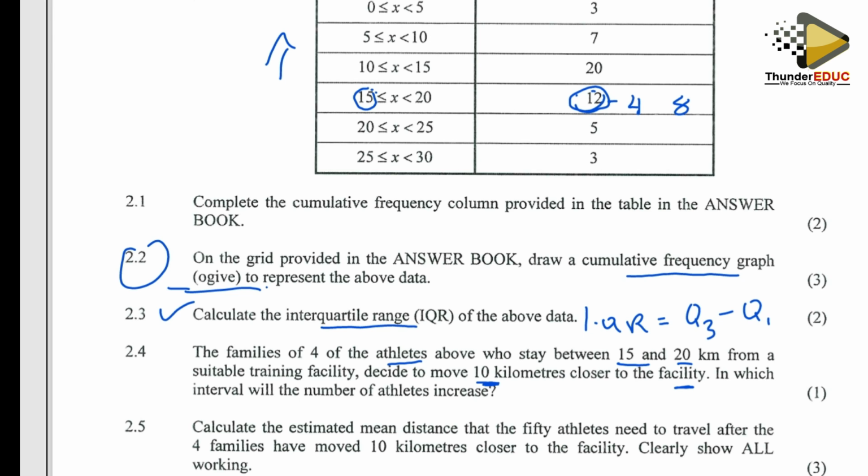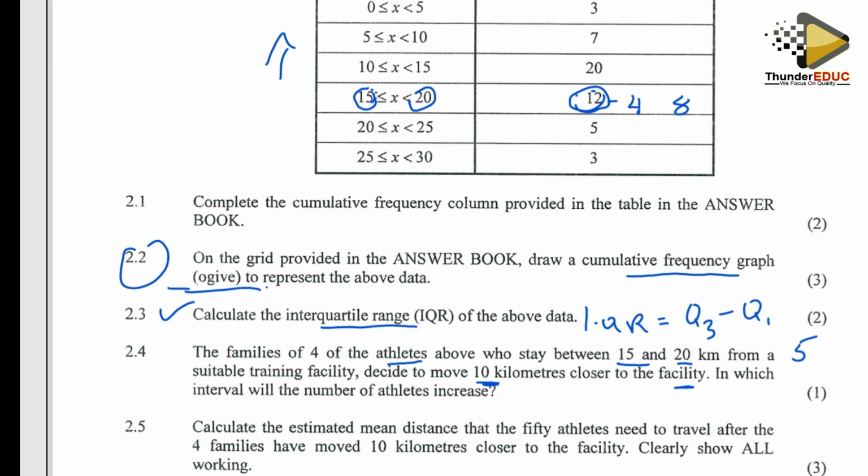Does it make sense? They told me between 15 and 20. So 15 minus 10 is going to be 5. Does that make sense? Yes. It's going to be 5. And then 20 minus 10 is going to be a 10.